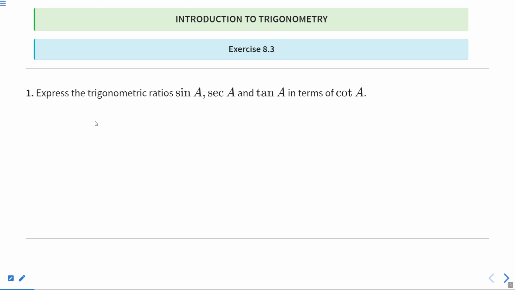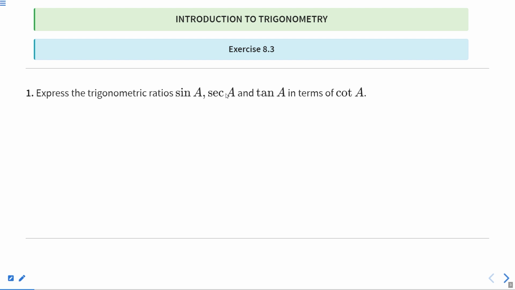So in question number 1 we have to express the trigonometric ratios sin A, sec A and tan A in terms of cot A. Okay. So here basically we can use trigonometric identities and we can express the trigonometric ratios sin A, sec A and tan A in terms of cot A. Let us see how.